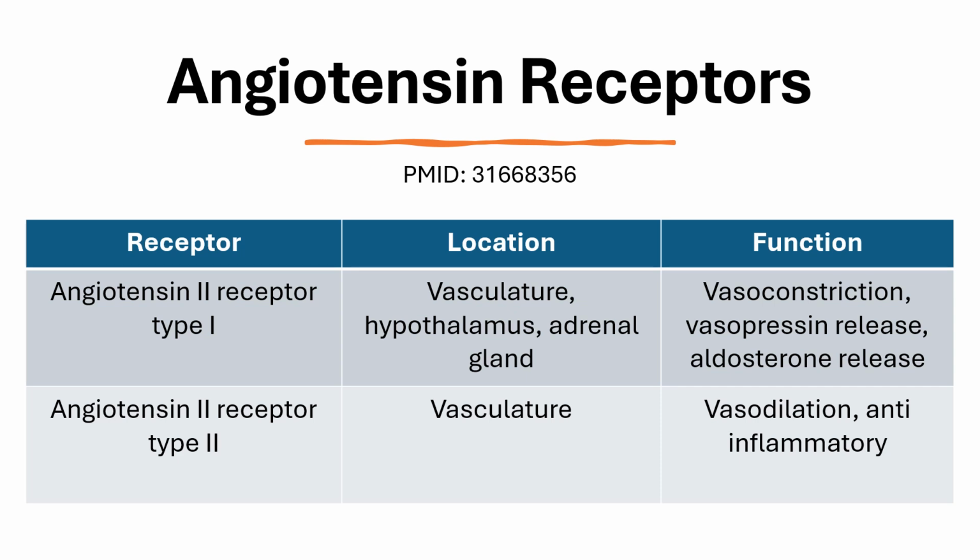Again, two main receptors, angiotensin 2 receptor type 1 and receptor type 2. Receptor type 1 is located in the vascular smooth muscle, hypothalamus, and adrenal gland. Activation of this receptor leads to increased vascular tone and vasopressin release and aldosterone release.